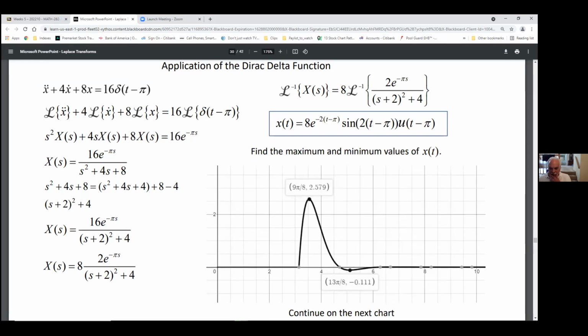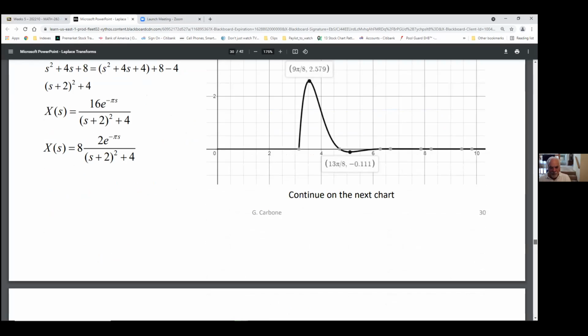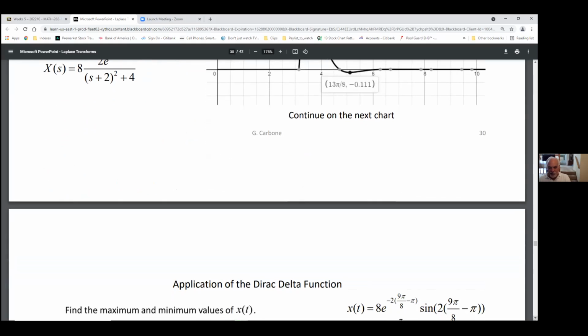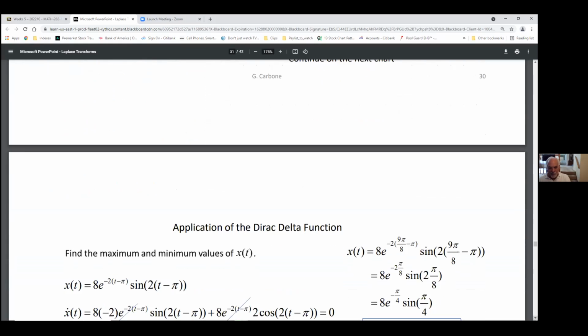So in this problem here, let's see, you can also find the max and min, right? So this thing's gonna jump. Everybody should know how to do this from calculus 2, or from calculus 1, actually.